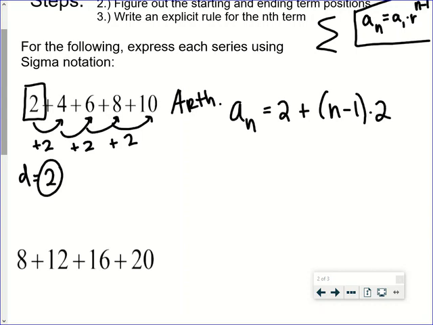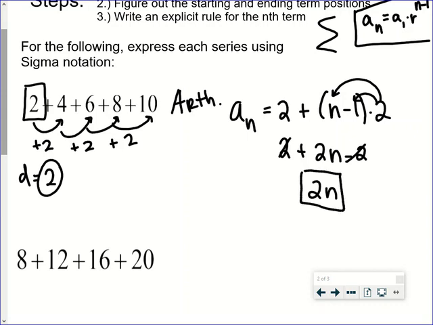Then what we're going to do next is just simplify that equation to get our formula. So we're going to distribute the 2 in. We get 2 plus 2 times n is 2n, and then 2 times negative 1 is negative 2. If you simplify that, the 2's cancel, and all we have left is 2n. So that's going to be our formula when we go to write our equation.